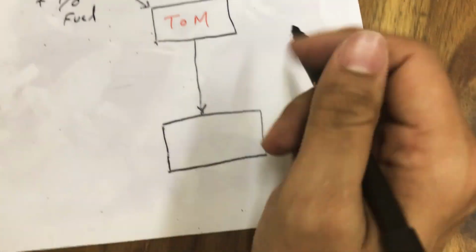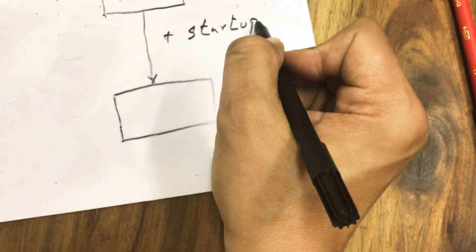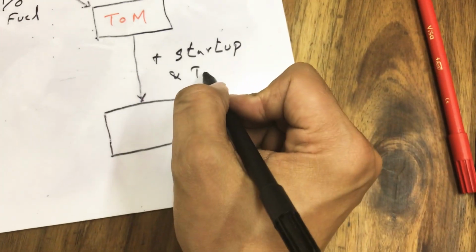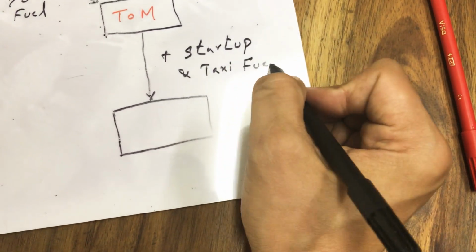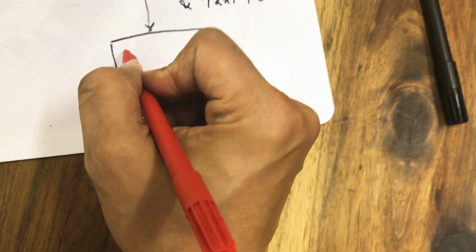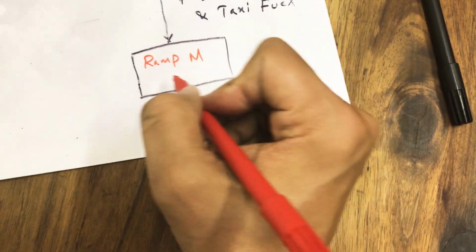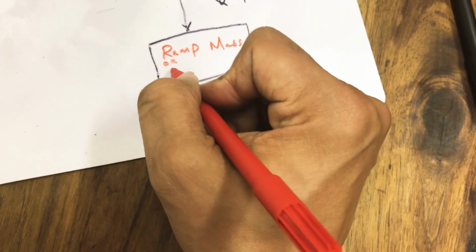Now with takeoff mass, if we include our startup and taxi fuel, the result will be ramp mass or block fuel.